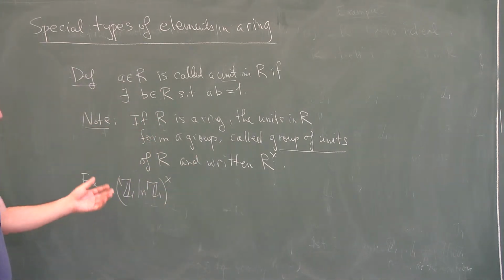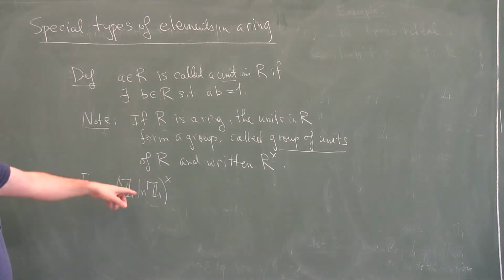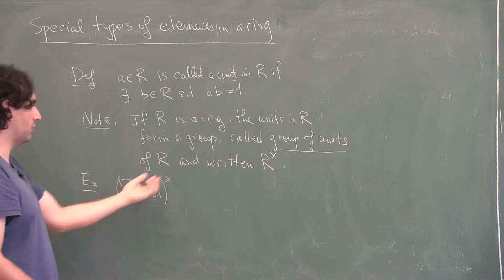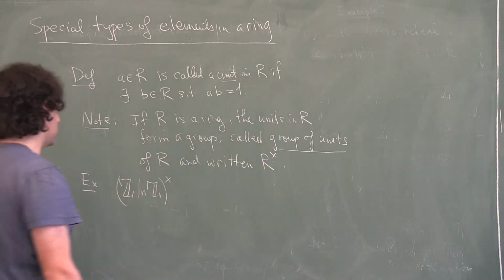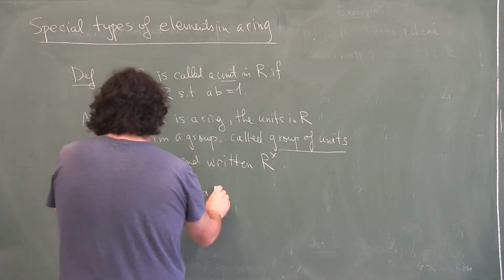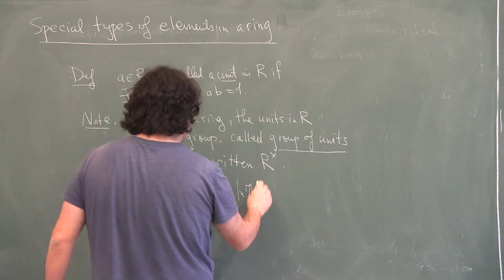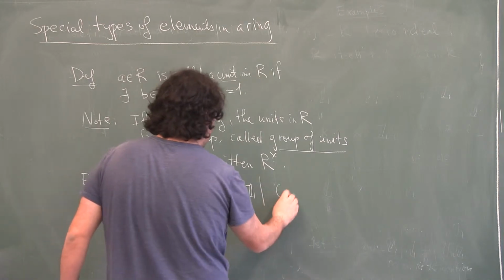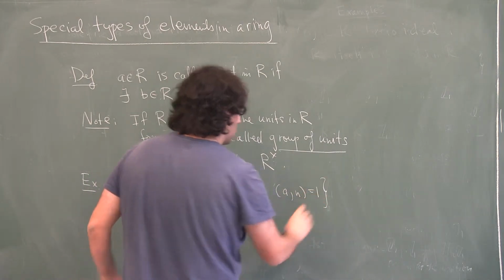And now we see that this agrees with what I've written for a general ring R. So Z mod NZ cross is the set of A in Z mod NZ such that A is relatively prime to n, right?